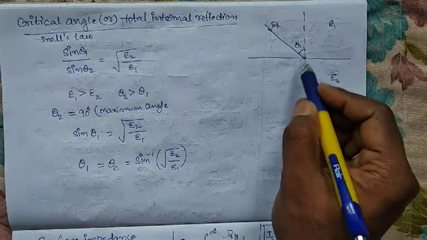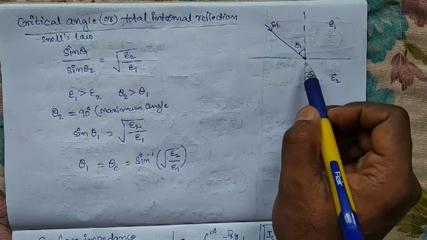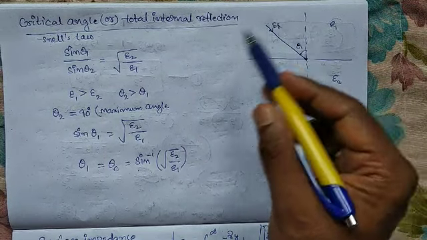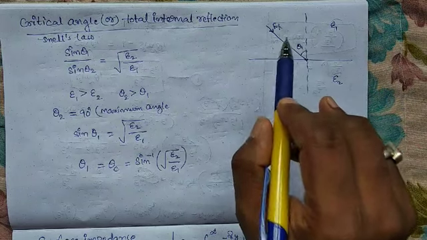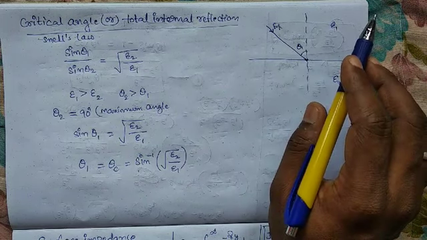Then that angle is called the critical angle. This phenomenon is simply called total internal reflection.